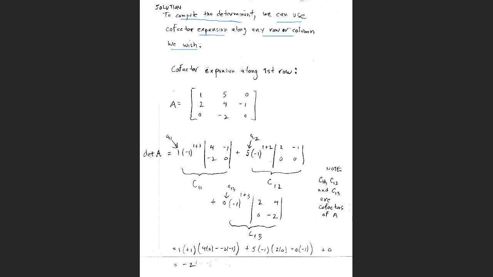So the natural thing is to use cofactor expansion along the first row. If we can pick any row or any column, I think most people on their first try would pick the first row.